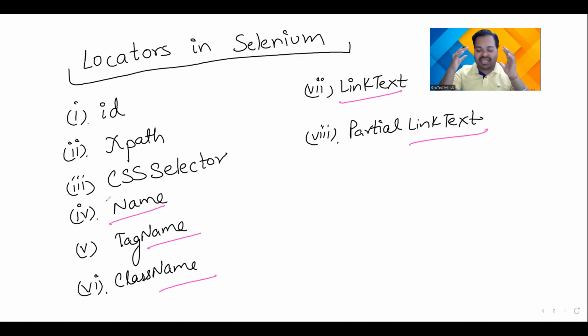I understand that in your mind there are so many things, and in my mind also there are so many things. How to remember each and everything? So you can always remember these 5 types of locators. And the left ones are ID, XPath, and CSS selector. You must know the full form of CSS. CSS means cascading style sheet.